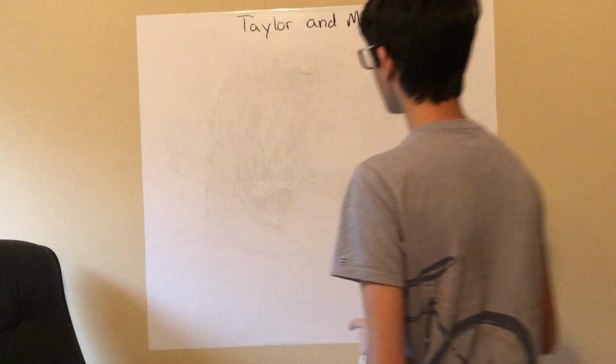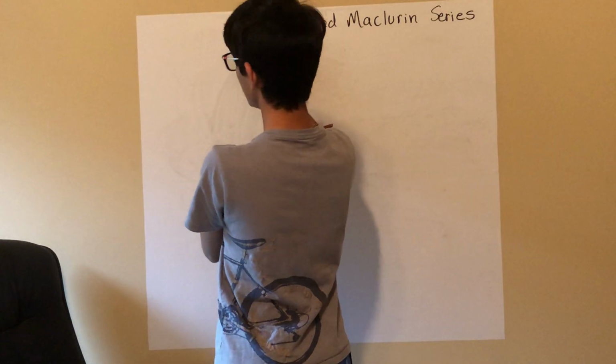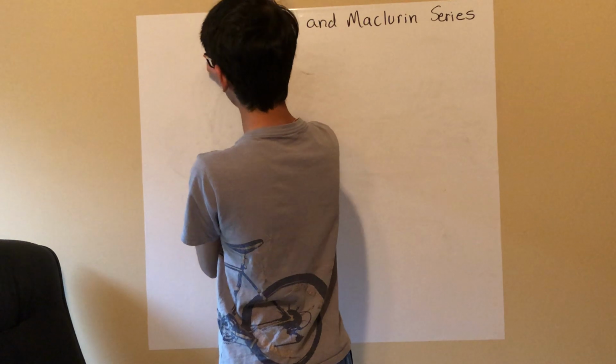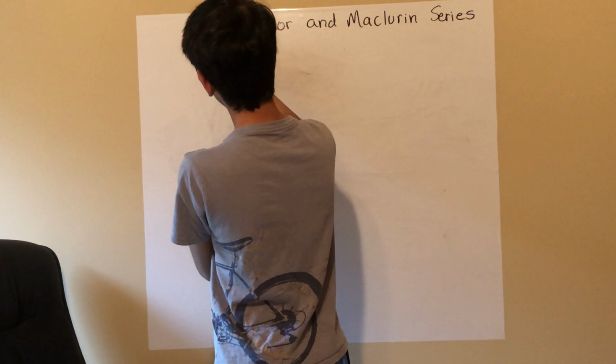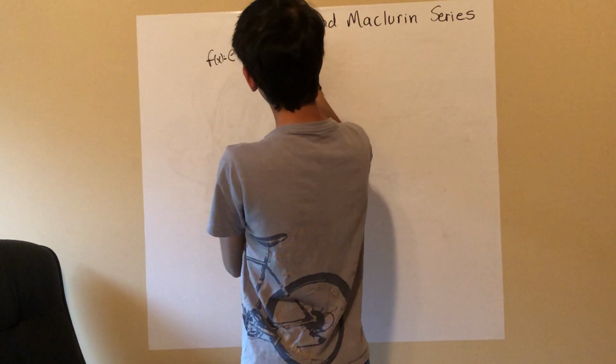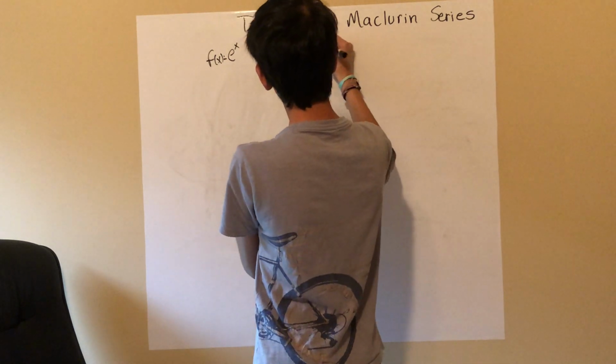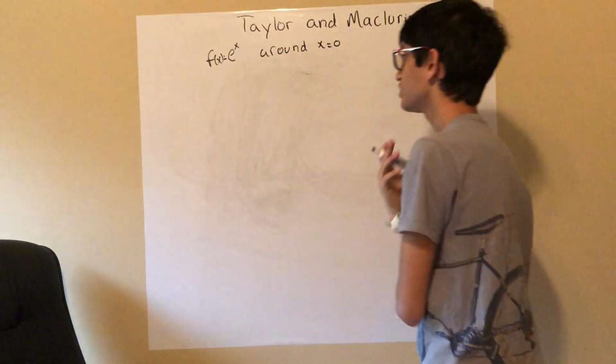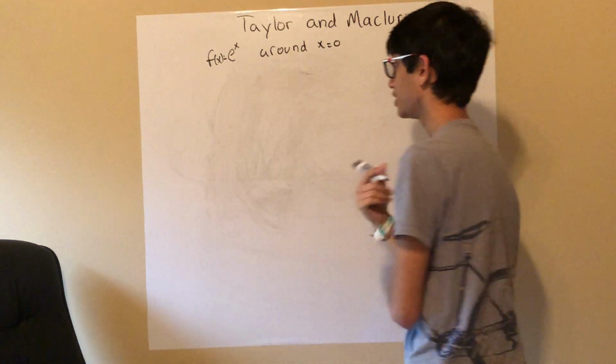So the first one that we're going to try to find is the Maclaurin series for e to the x around x equals 0.